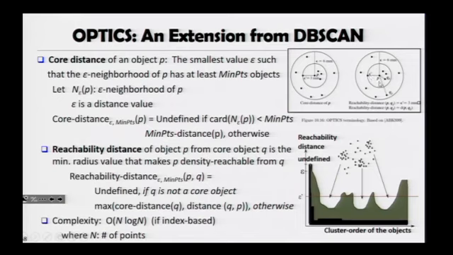Then you can look at the other data points surrounding the point P and calculate the minimum radius value that makes the point density reachable.